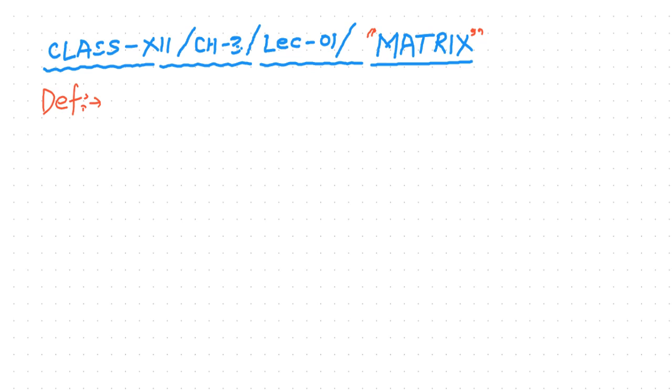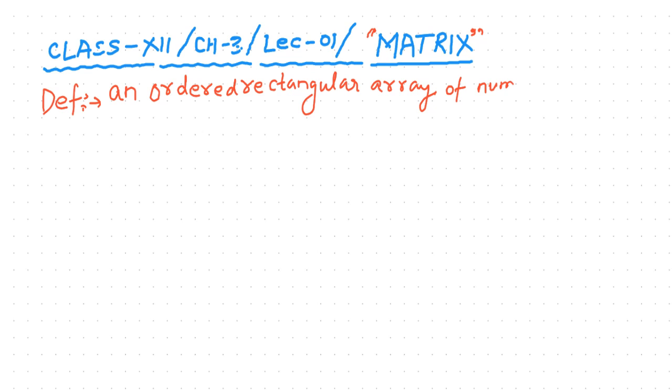So how can a matrix be defined? A matrix is an ordered array, or to be precise, an ordered rectangular array of numbers or functions.